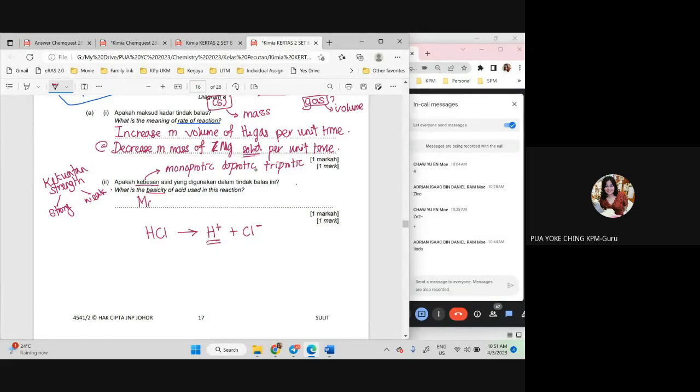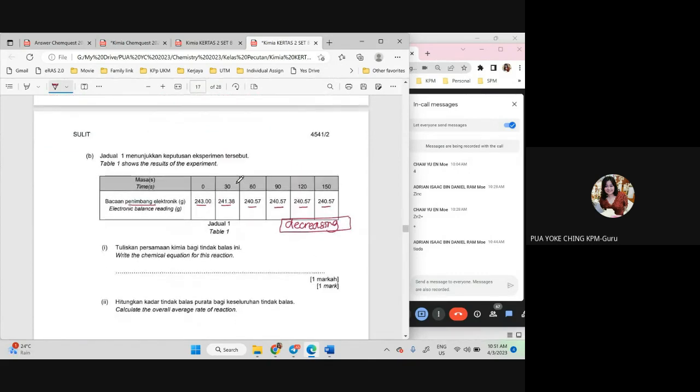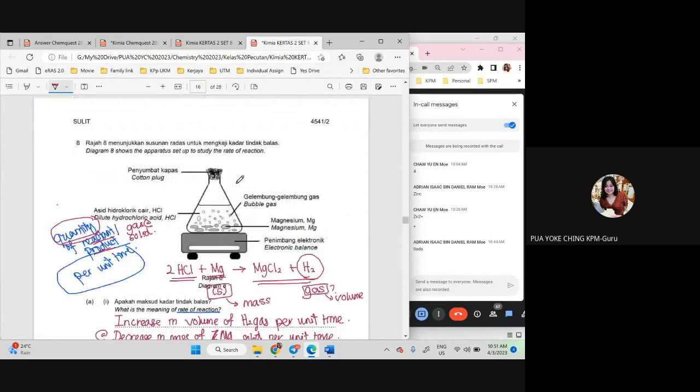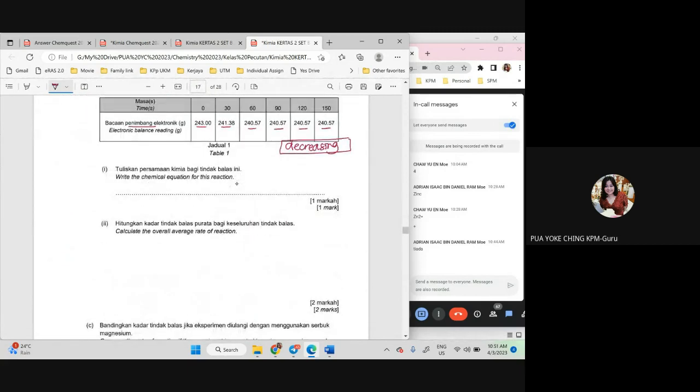So, this is monoprotic acid. Okay, so this is monoprotic acid. Next. Tulis persamaan kimia bagi tindak balas ini. So, tadi dah tulis. So, kita salin balik. 2HCl plus Mg. I will get MgCl2 plus H2.